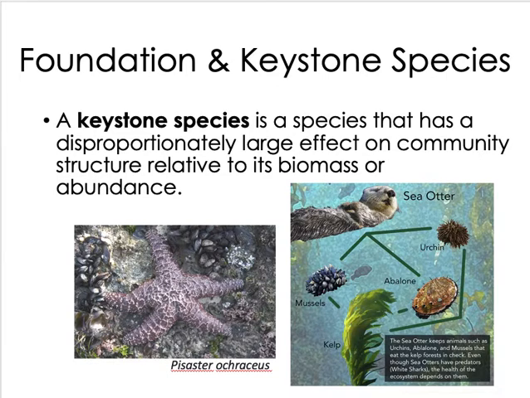For example, if you have the Pisaster ochraceus, this is a sea star. So this sea star is actually a keystone species that controls the population of the kelp or other sea algae and the mussels. So, kino-consume niya kasi yung mga algae at yung mussels.